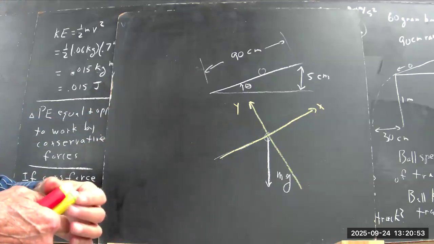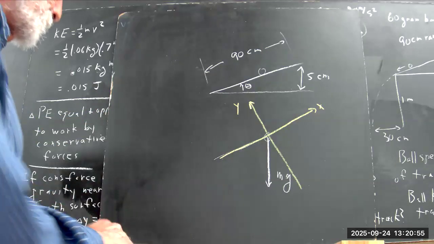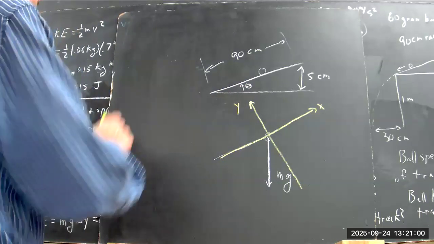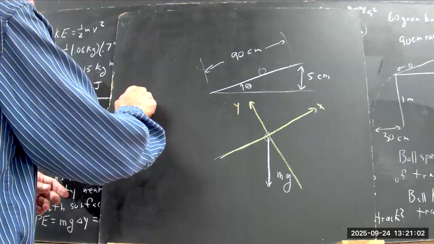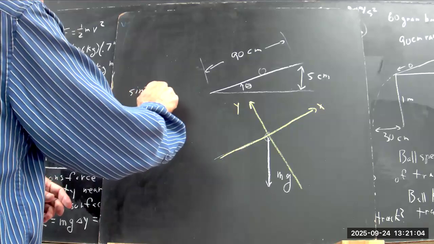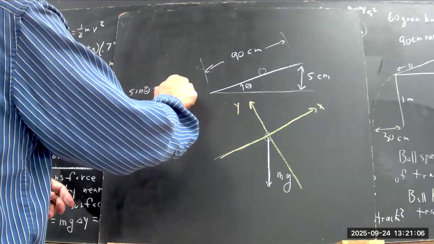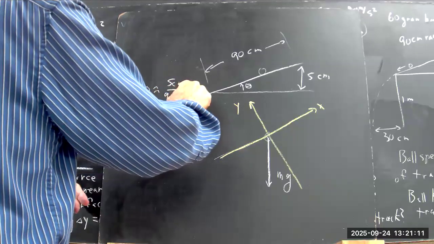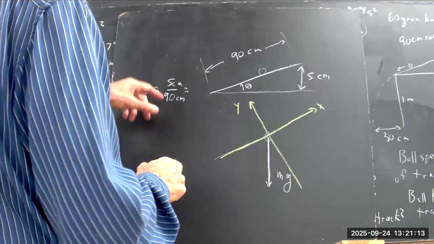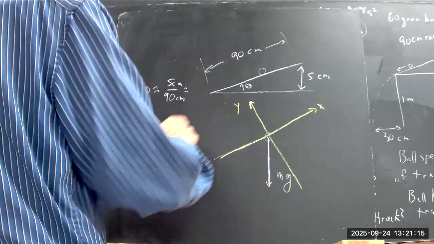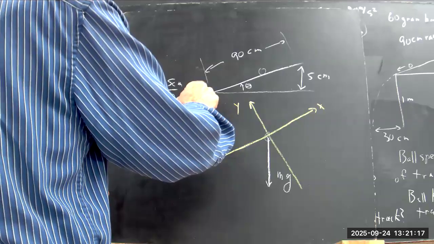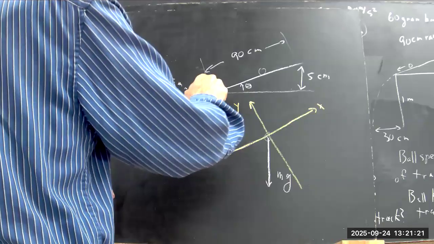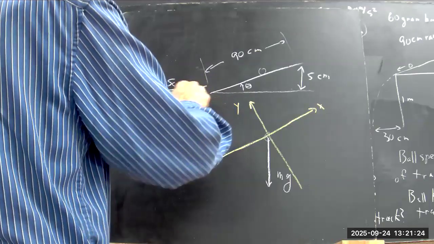And there's much more. Anyhow, we set up the x and y axes like this. Here's theta. I'm going to say that theta is about 5 centimeters divided by 90 centimeters, which is about 0.044045.